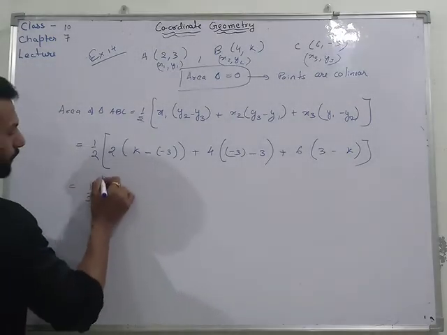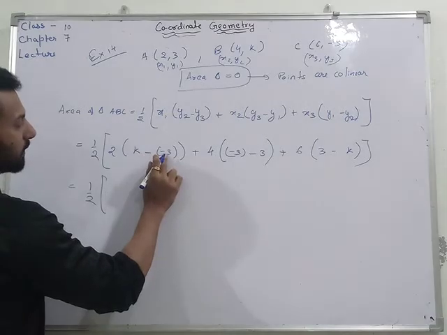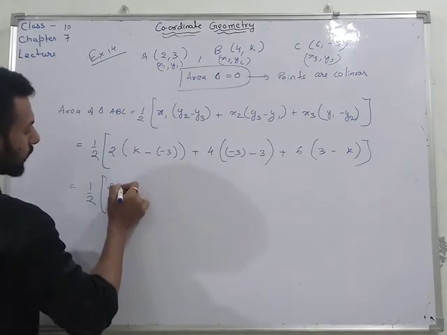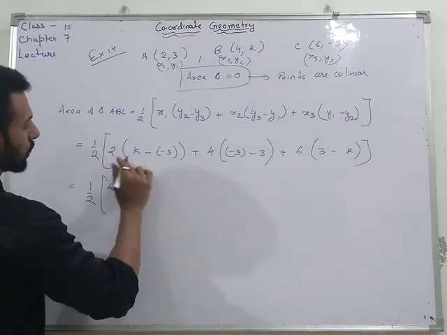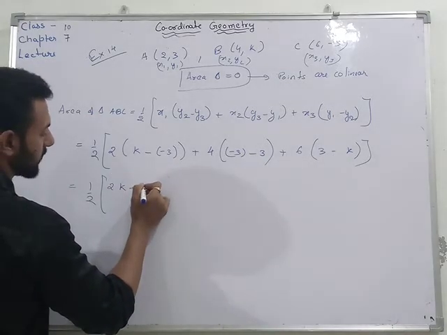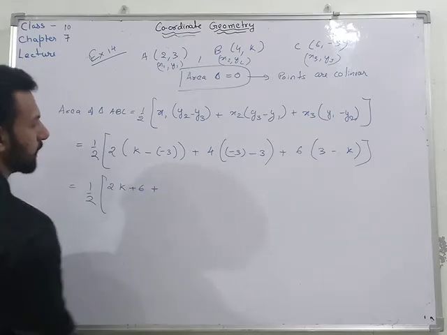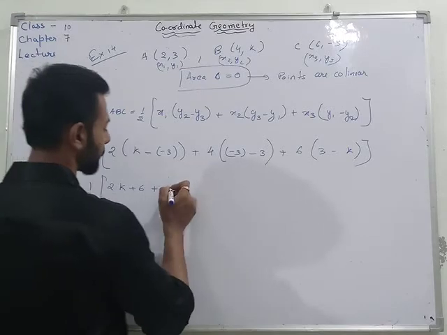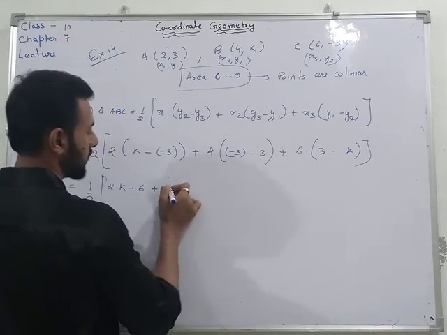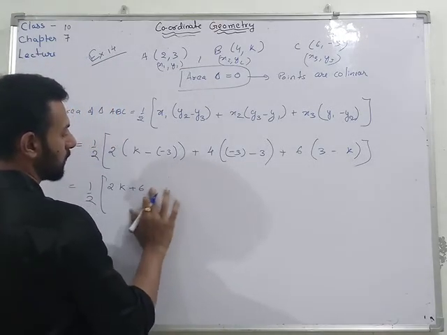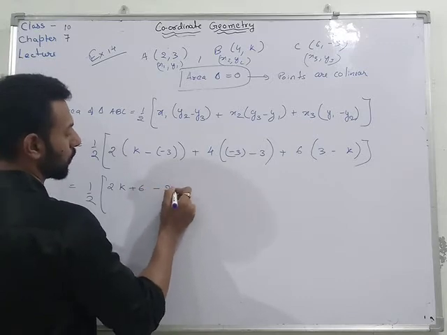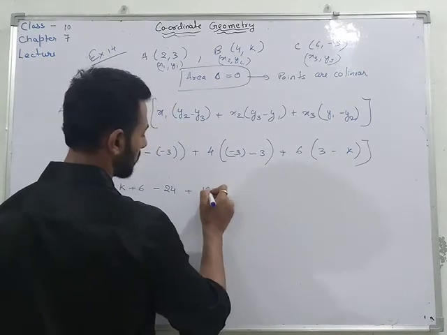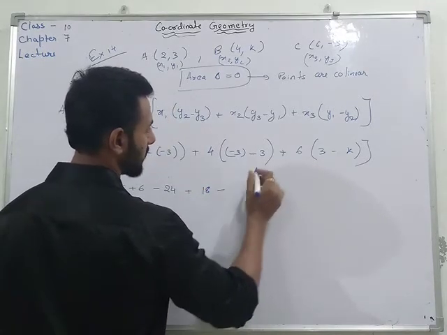One by 2, k minus of minus 3 will be plus 3. Multiplying this 2 into the bracket, 2k plus 6, plus minus 12 minus 4, minus 6k plus 18, that is 18 minus 6k, is equal to 0.